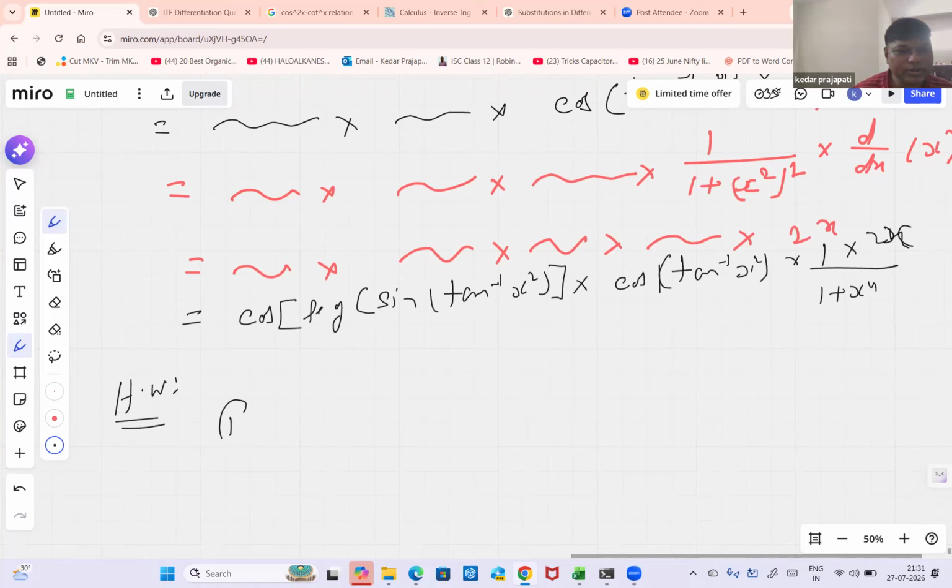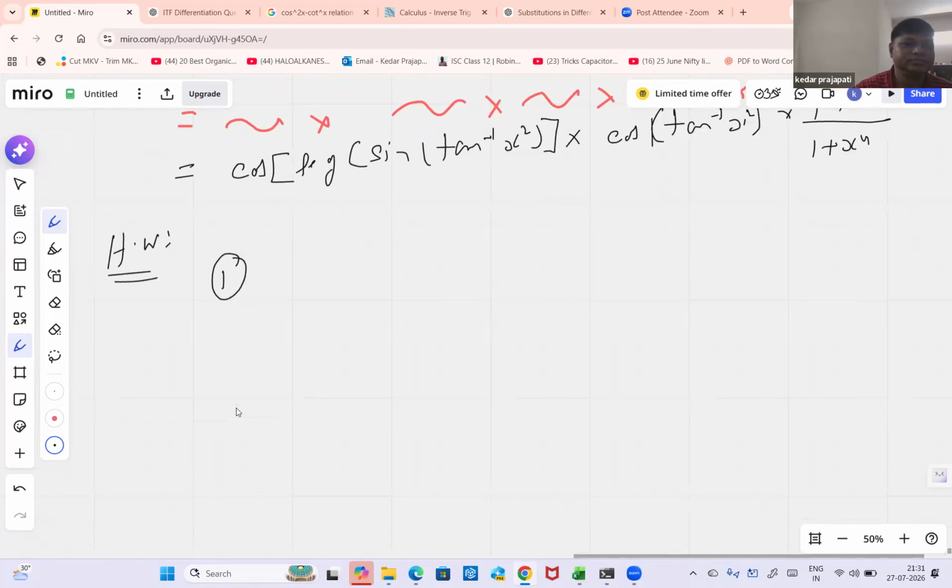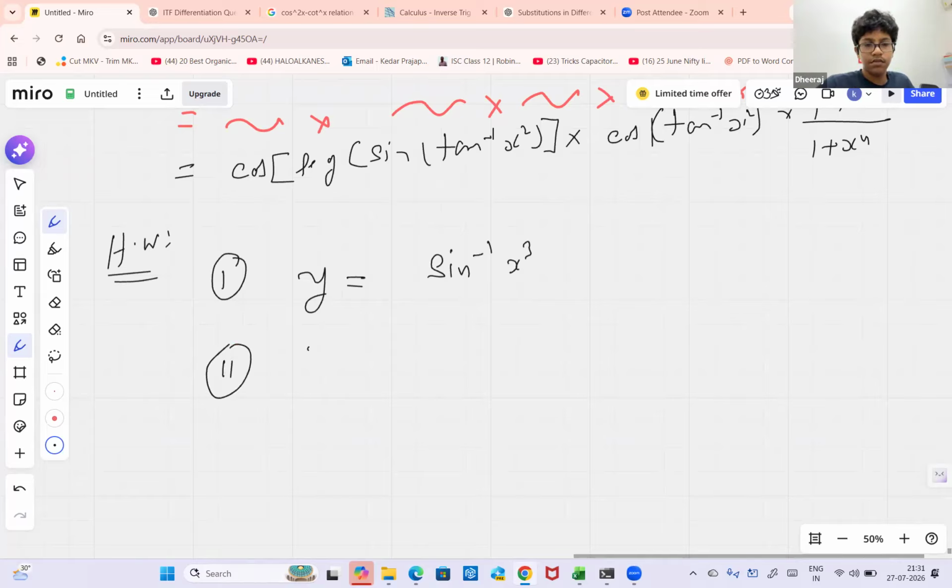Can you note it down? y equal to sine inverse x cubed. Okay. Yes. Second, y equal to x into tan inverse x.